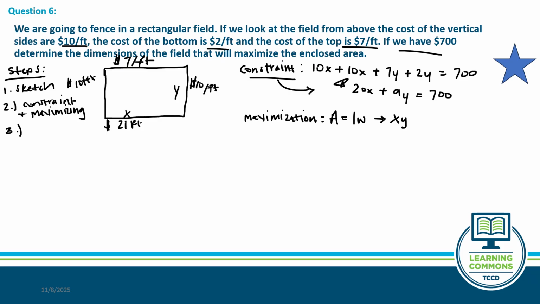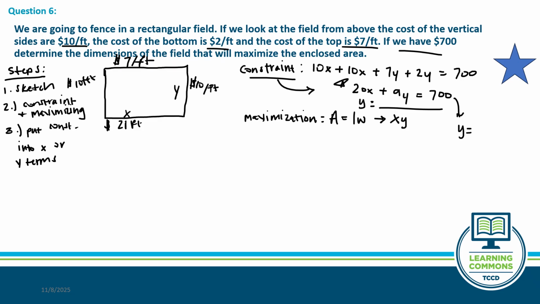I chose y just because I like y. I want it to say y equals something, right? Put your constraint into your y terms. Whatever's easier, okay? So in this case, I decided to do it as y.